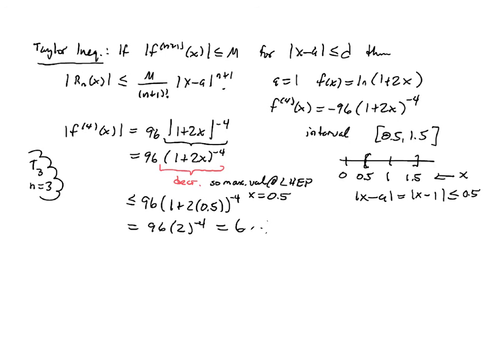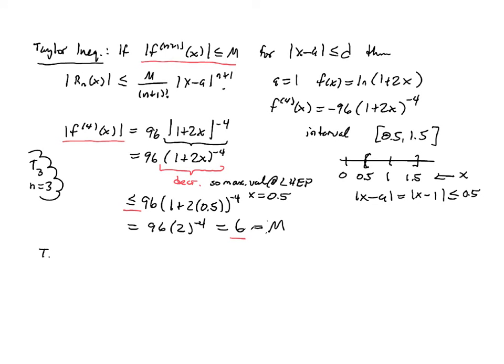So what I've concluded, if you compare with the hypothesis of Taylor's inequality, is that I have shown that the absolute value of that derivative is less than or equal to 6. So this is my M value in Taylor's inequality.